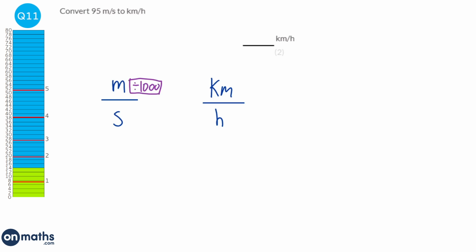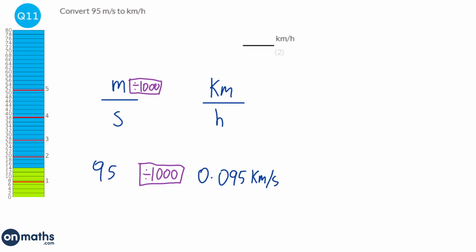And when you divide the top of a fraction by 1,000, you just divide the whole thing by 1,000. So we've got 95, and we divide the whole thing by 1,000. So we get 0.095, and that's going to be kilometers per second, because we haven't dealt with the seconds yet. So that's the easy part.